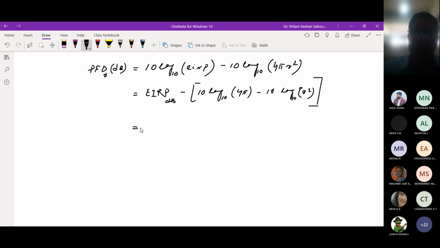Hence, this is EIRP in dB minus 10 log base 10 of 4 pi, where 4 pi is a constant, minus the r square term. This 2 can be multiplied with the 10, so I can write 20 log base 10 of r.